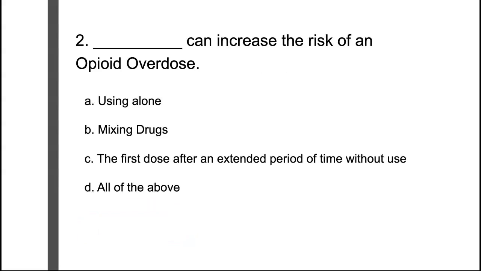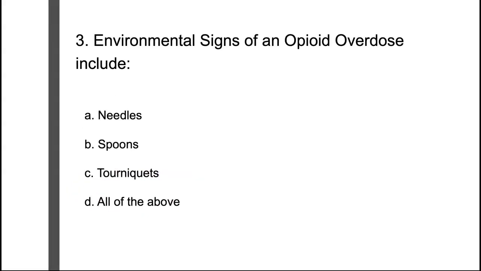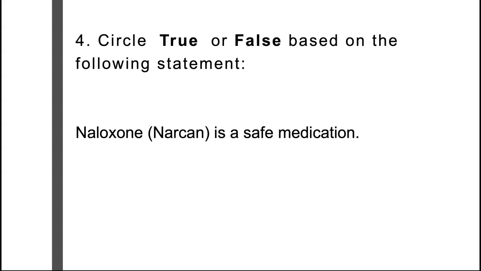Blank can increase the risk of an opioid overdose: using alone, mixing drugs, or the first dose after an extended period of time without use. All of the above. Environmental signs and symptoms of an opioid overdose include needles, spoons, tourniquets, or all of them. All of them. True or false? Naloxone is a safe medication. True.